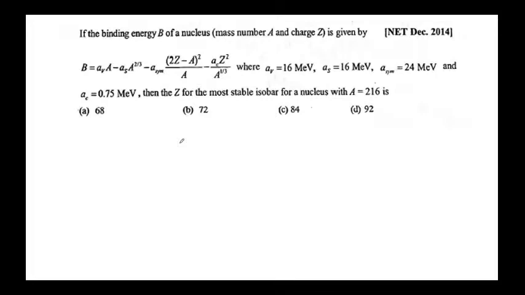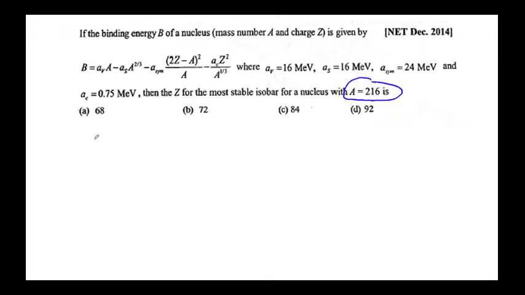Now the question is, if the binding energy of the nucleus is given by this expression where the volume constant, surface constant, asymmetry constant and the Coulomb constant are given, then find out the most stable isobar for a nucleus with A equal to 216.